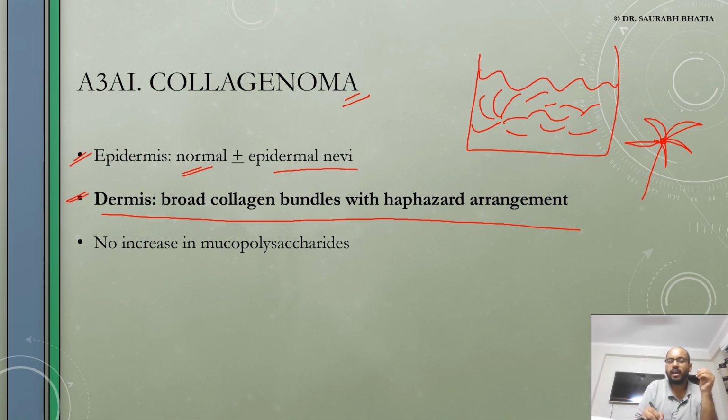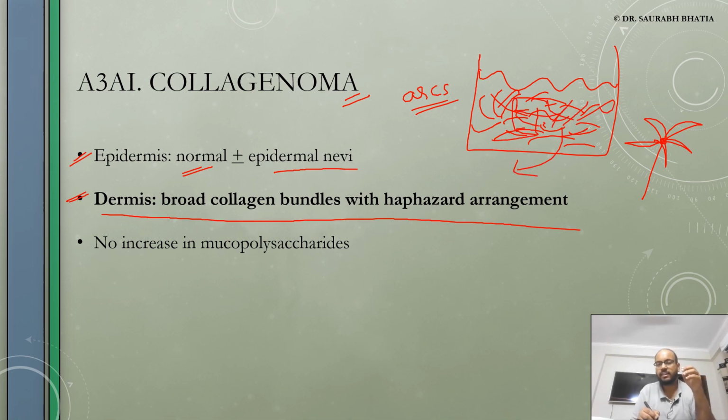So they form arcs in normal dermis. Okay, they form arcs. But when the arrangement is haphazard, that means all collagen fibers going here, there, then that is known as haphazard arrangement, and that is a disordered collagen. Okay, haphazard arrangement means disordered collagen. You will hear this word again and again in collagenous disorders. Okay, disordered collagen. There's no increase in mucopolysaccharides. Let's move forward.